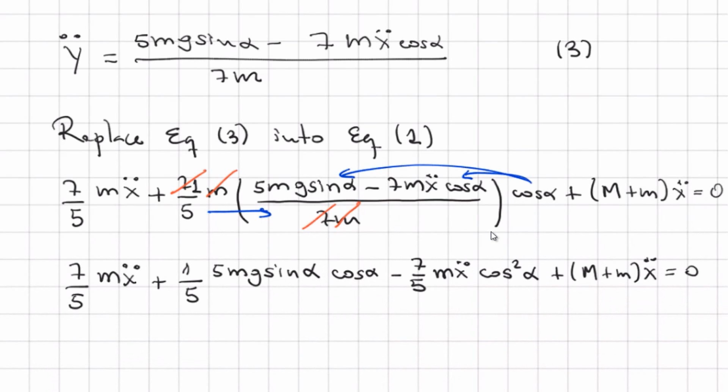Okay, some terms are simplifying. Now we are going to divide the whole equation by the mass of the ball. I'm going to divide each term of the equation by the mass of the ball, and for each term I do the same.